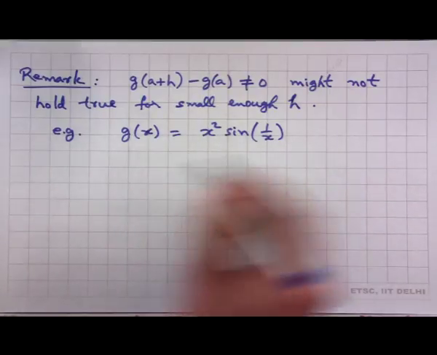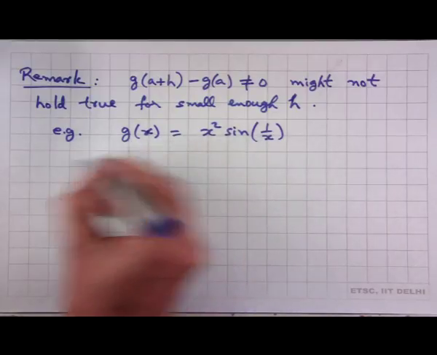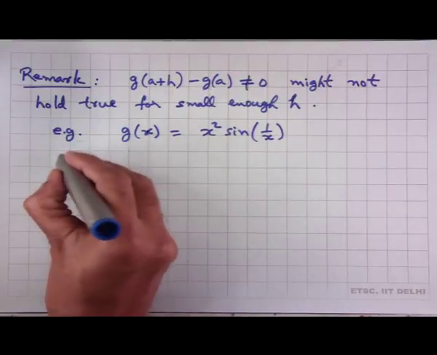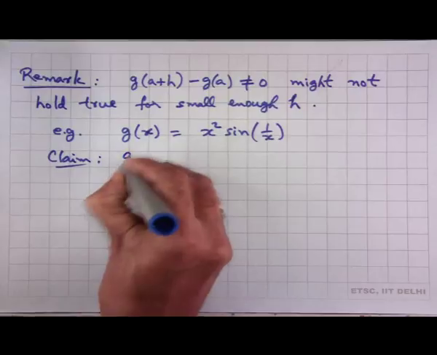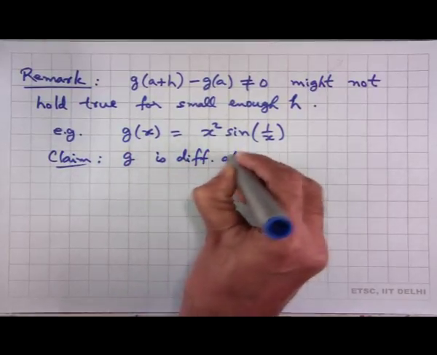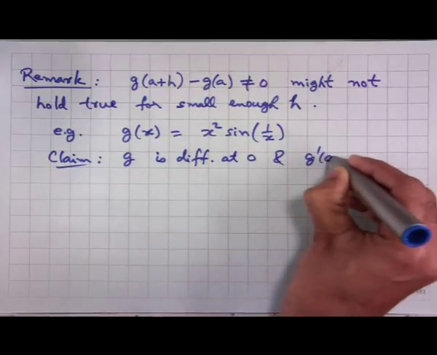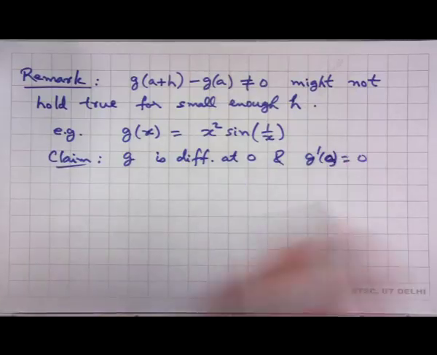First check that for this function, g is differentiable at 0 and g prime 0 is equal to 0.